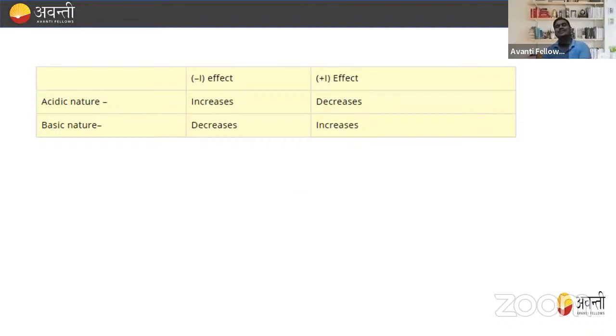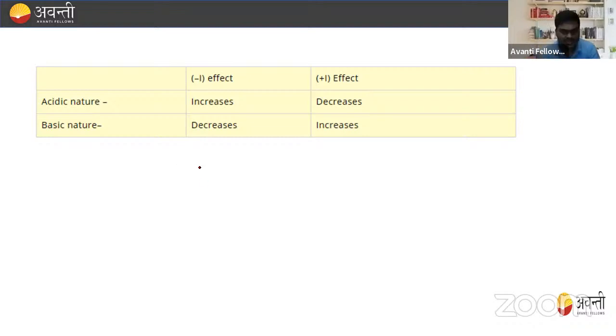Okay. So what is the effect of this I effect? Basically, if I'm talking about the acidic nature, the minus I effect increases the acidic nature and decreases the basic nature, whereas the plus I effect decreases the acidic nature and increases the basic nature.